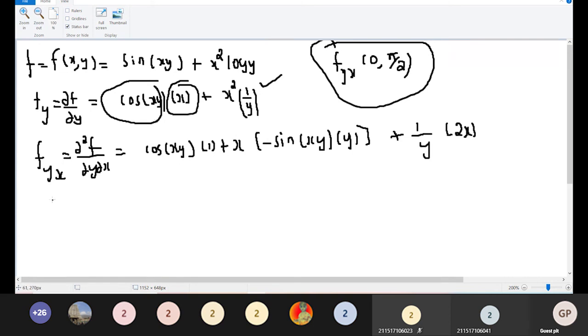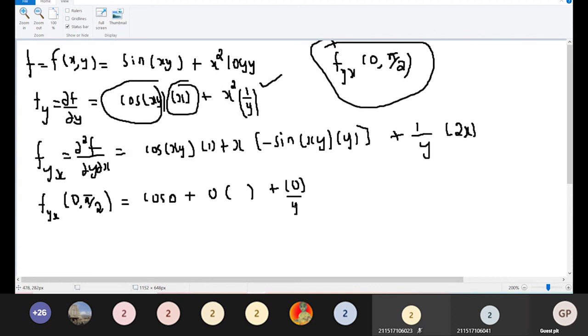Now at the particular point, fyx of 0 comma pi by 2, that is x value 0, y value pi by 2. So this will be cos 0, this will be 0 into something, this will be 0 by y. What is 0 by y?